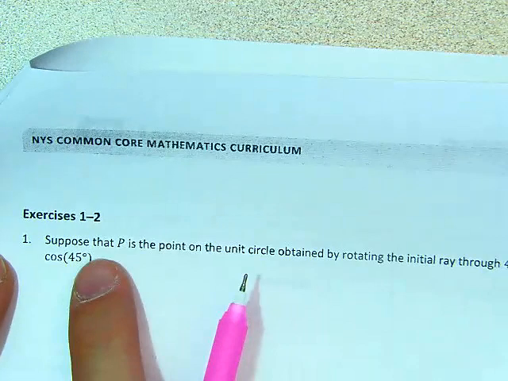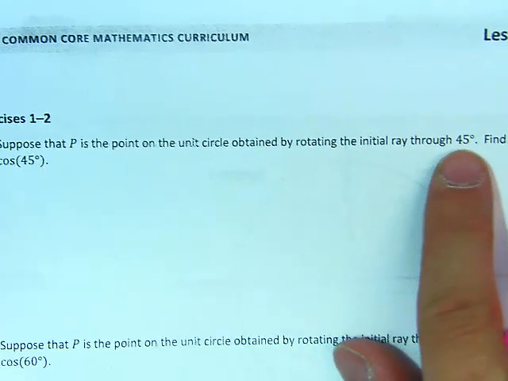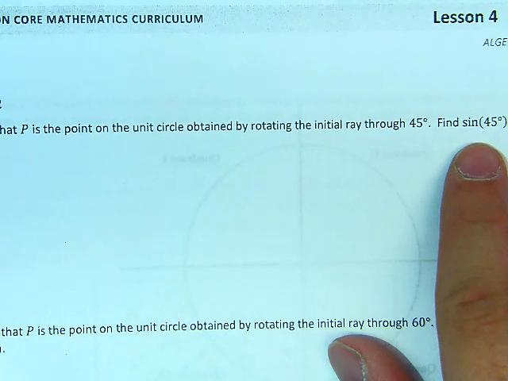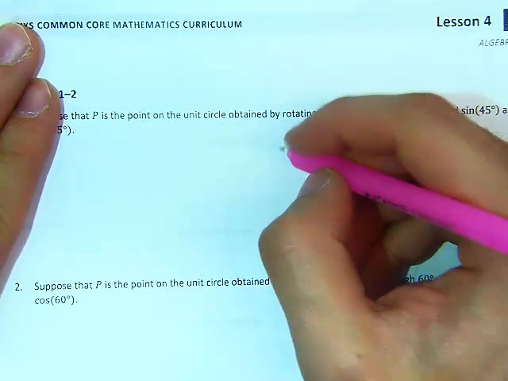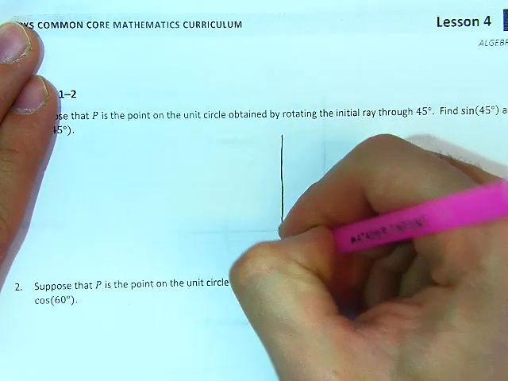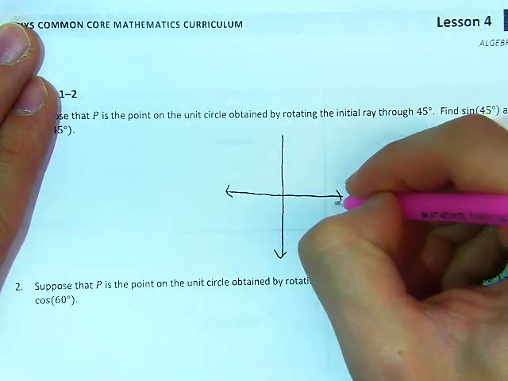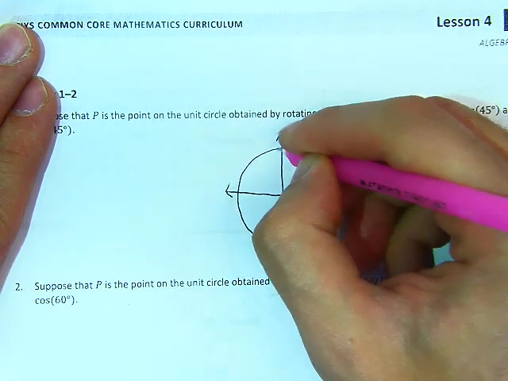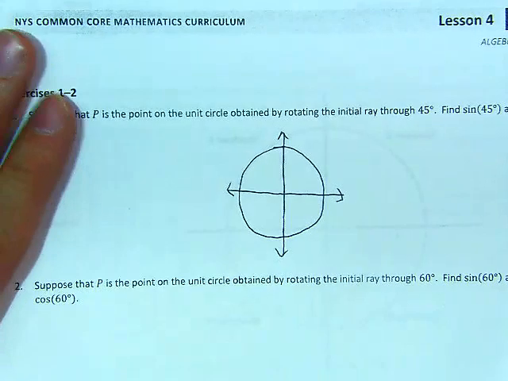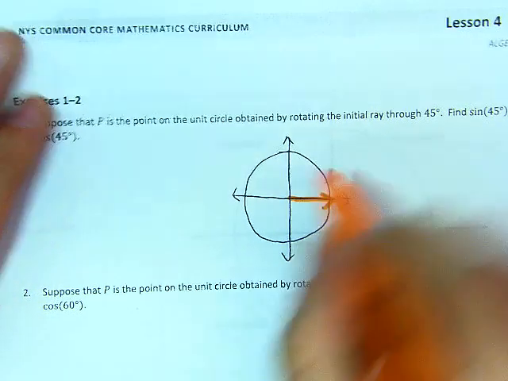Here it says, suppose that point P is on the unit circle obtained by rotating the initial ray through 45 degrees. Find sine of 45 degrees and cosine of 45 degrees. Basically, if I have this same sketch and I draw a circle, the initial ray is this, and remember, this initial ray never moves.